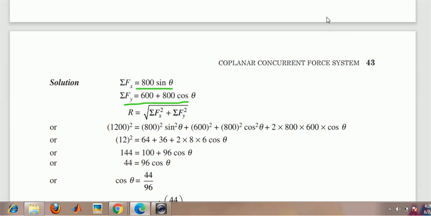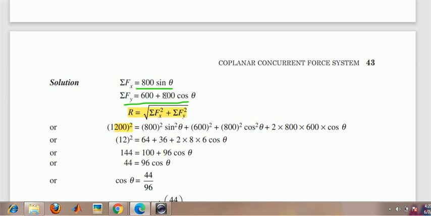So again for the resultant we have this equation. They have given the resultant, that is 1200. By substituting that you need to find the unknown.